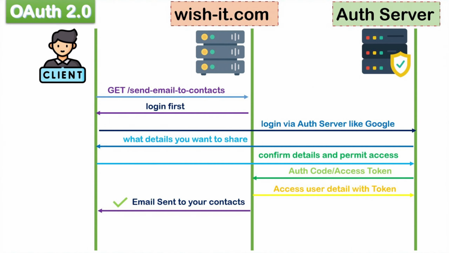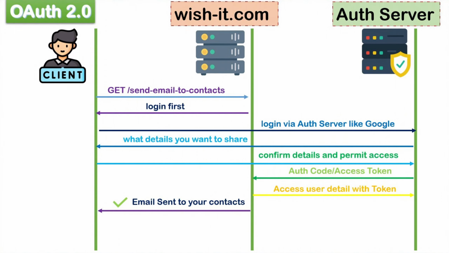OAuth2 is an open standard for access delegation. Delegation is the keyword here. It means the access related responsibilities are delegated to some other application instead of handling it in your own application. OAuth allows third-party applications to access user resources without sharing the user credentials.